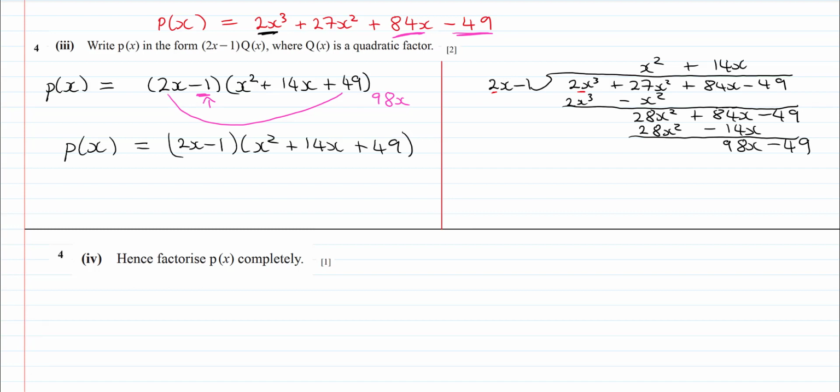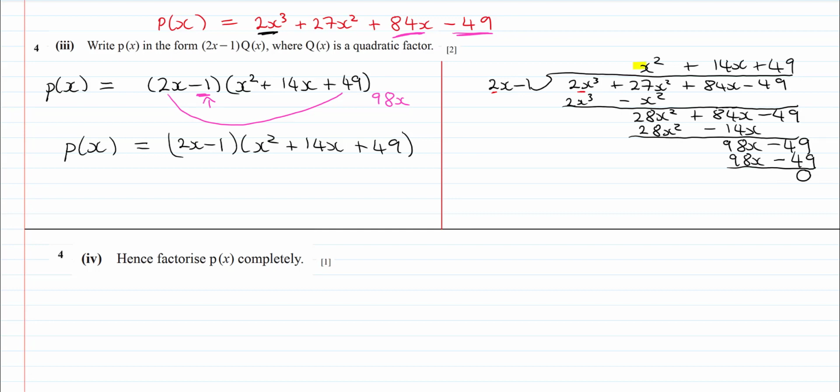Okay, and finally, well, 2x goes into 98x 49 times, so that's plus 49, and then 49 times 2x is 98x, and 49 times negative 1 is negative 49, so 98x minus 98x is 0, and minus 49 minus 49 is 0, which is what we expected because we know that 2x minus 1 is a factor.